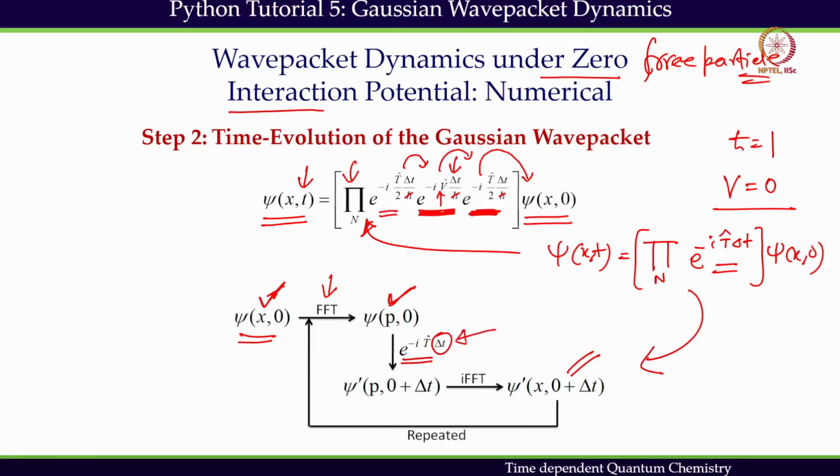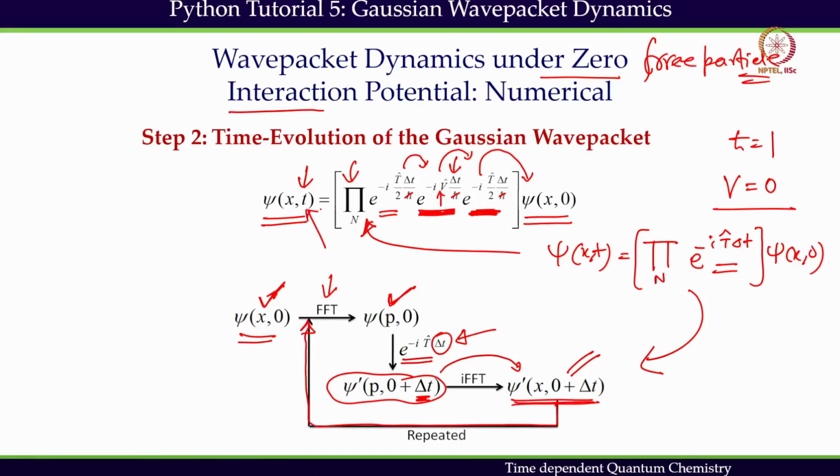carry out this kinetic energy part and get another wave function which is displaced to this time delta t. So, after delta t time we now have the wave function in the momentum domain. Then we have to inverse Fourier transform to the position domain. This wave function is now the new wave function to feed to the next iteration, and this needs to be iterated until I reach the final time.